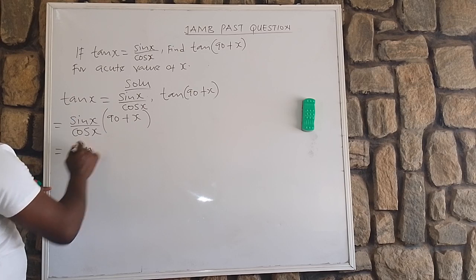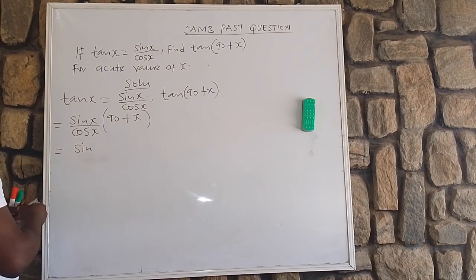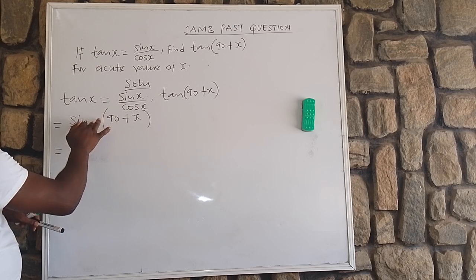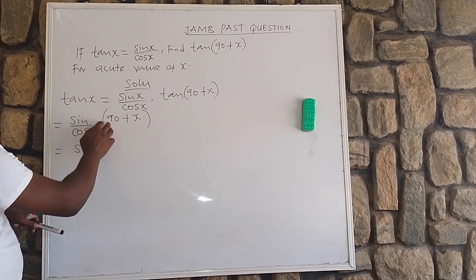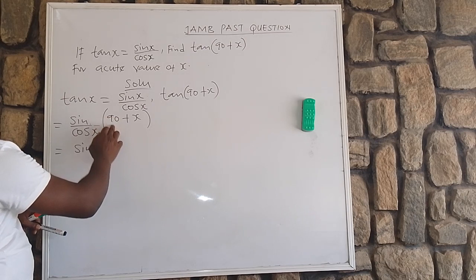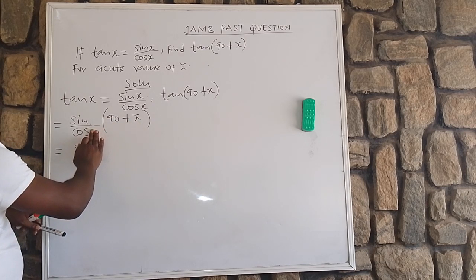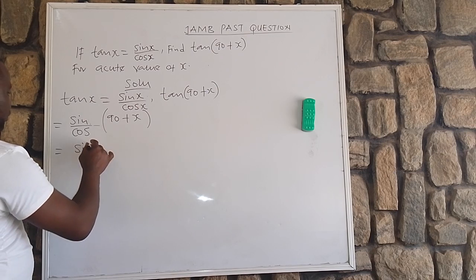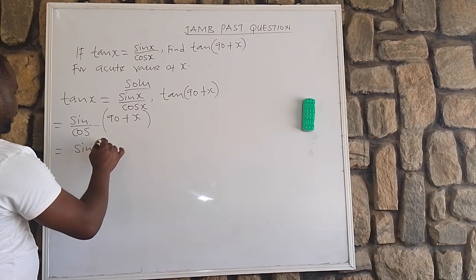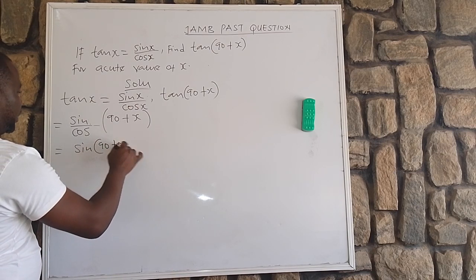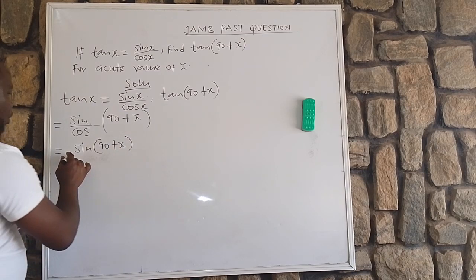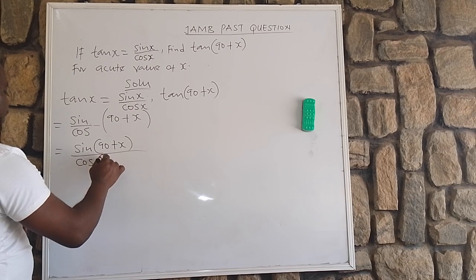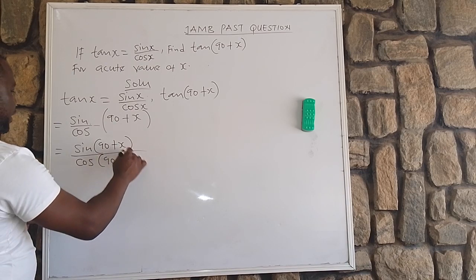Since we have open bracket 90 plus x, we have to remove the x. So now here will be sine of 90 plus x, all over cos of 90 plus x.